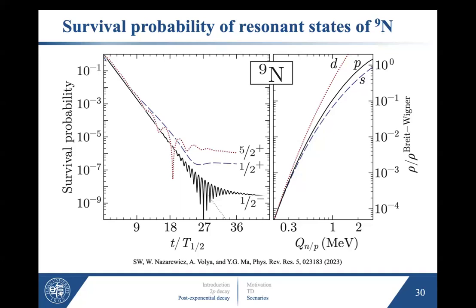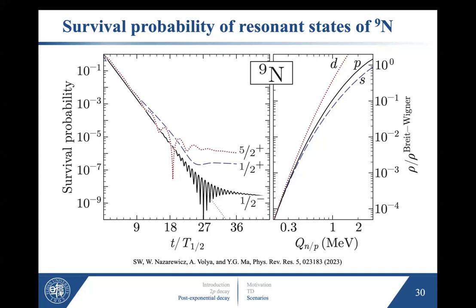We realize that the different states actually have slightly different decay behaviors. This is of course because of the different decay rates, but also because the states have different angular momentum or orbitals.